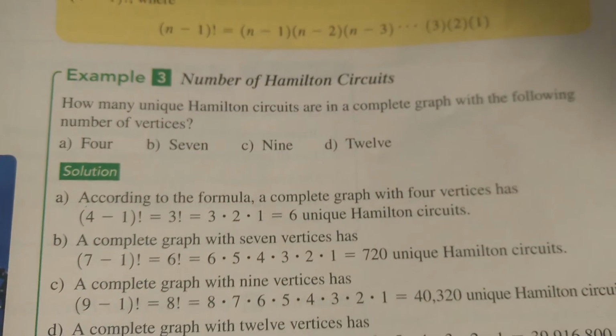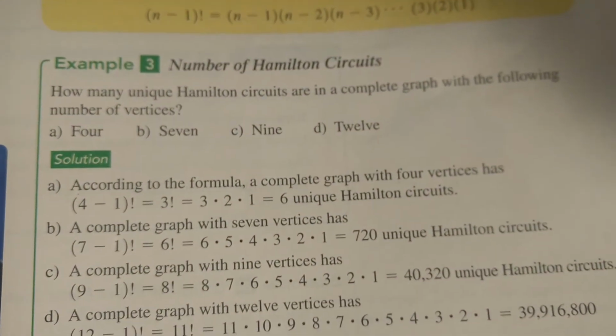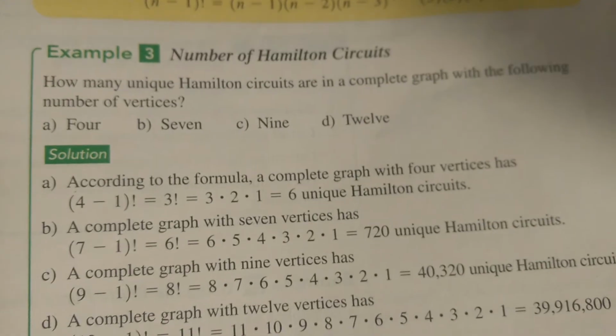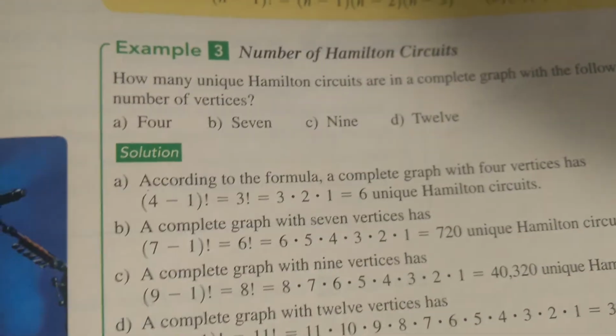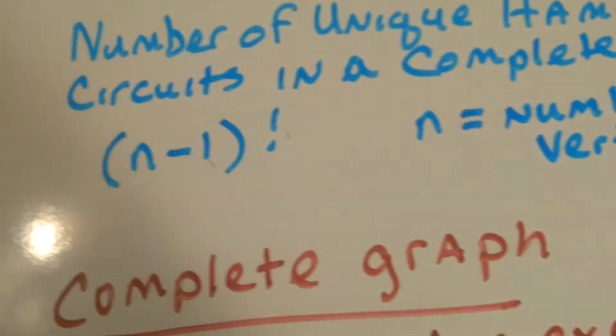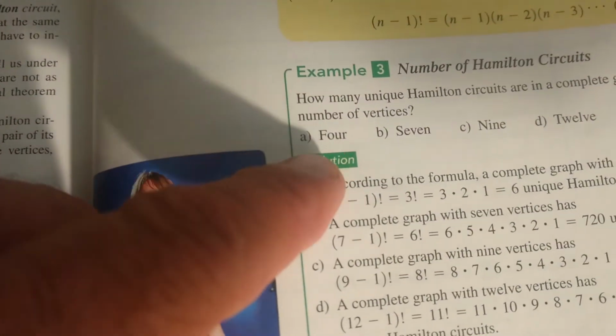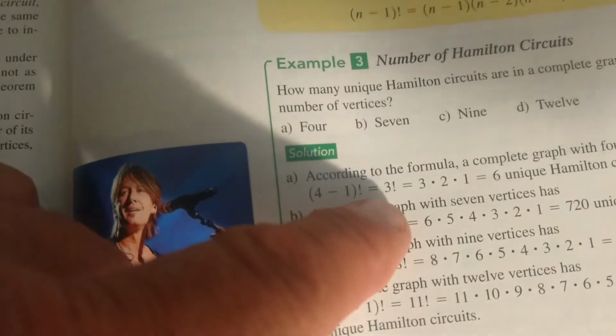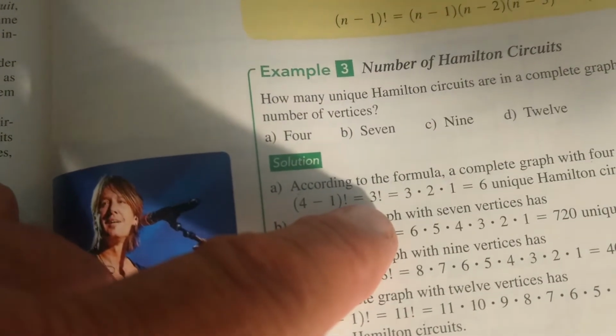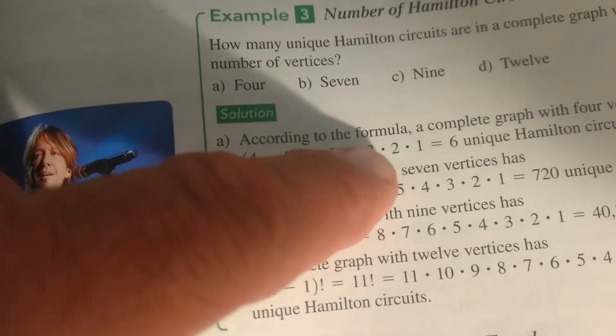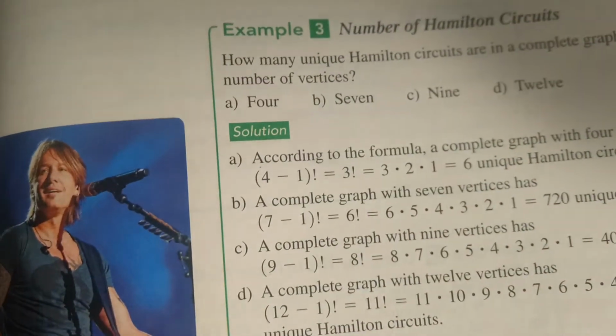It says, how many unique Hamilton circuits are in a complete graph with the following number of vertices? See, n in this particular formula is the number of vertices. So the first problem is saying, okay, we have 4 vertices. So we go 4 minus 1, we have 3 factorial. The factorial sign means we go 3 times 2 times 1, which is 6.